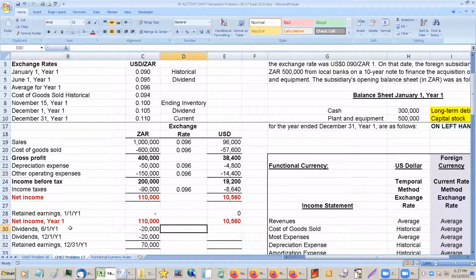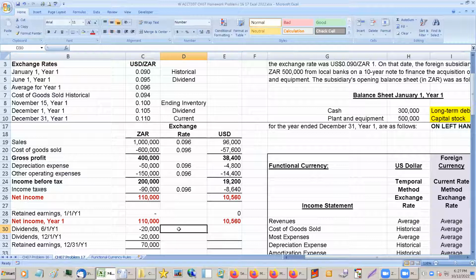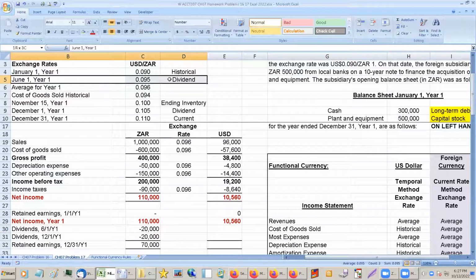Okay, dividends, these were paid on specific dates, so realize that this is a check being sent out to the parent company. So that will be taken out of their books at the historical rate. So to see June 1st, I'm gonna highlight this.